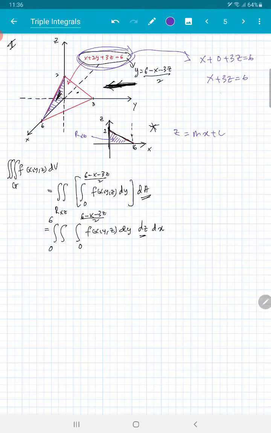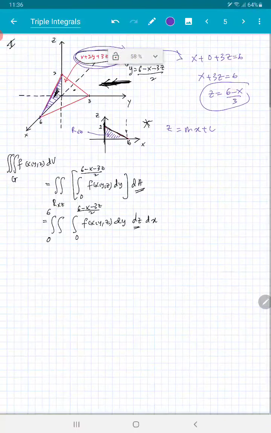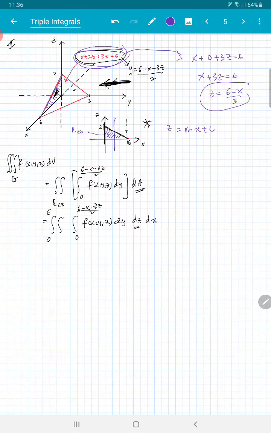So you can write this as z equals (6 minus x) over 3, or if you like, you can put x is 6 minus 3z. But since the order is dz and then dx, we need z in terms of x. So the upper limit for z would be (6 minus x) over 3.